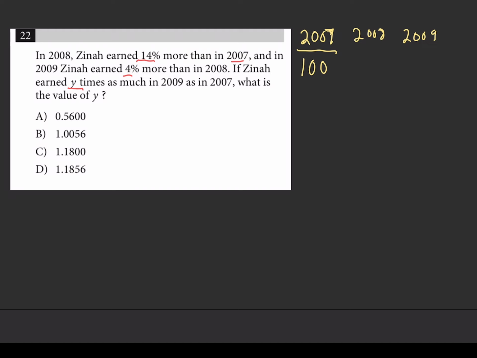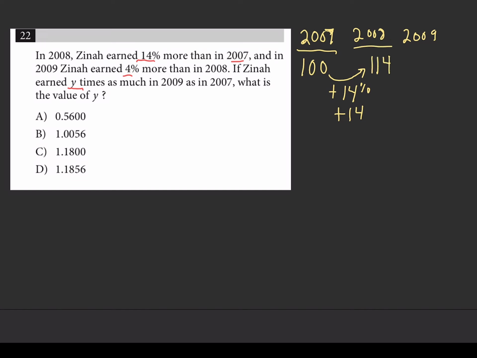So it says then that in 2008, Zyna earned 14% more than that 100. So going to the next year, we added 14%. Because I used 100 as an example, it's easy to calculate 14% of 100 is 14. So I'm actually adding $14. That means in 2008, Zyna would have 114.